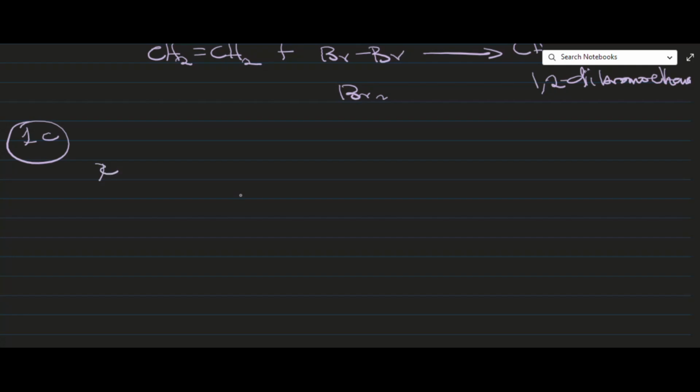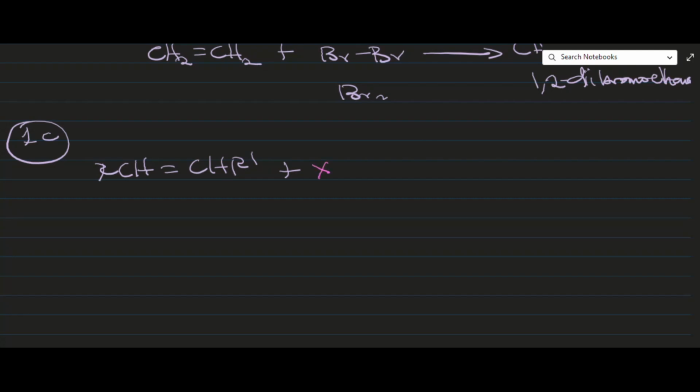We have RCH double bond CHR prime. This is our alkene molecule, and then we are adding any of HCl or HBr or HI, any one of them. So that is why we use the general formula to represent it.